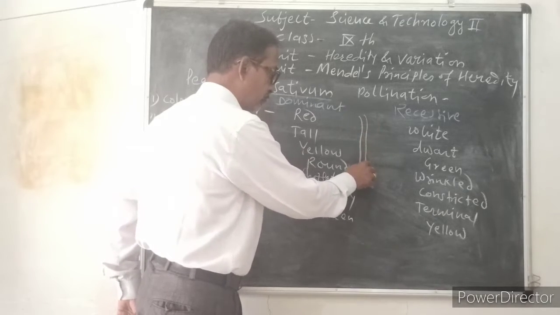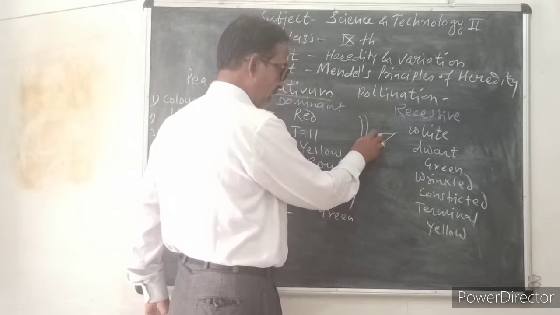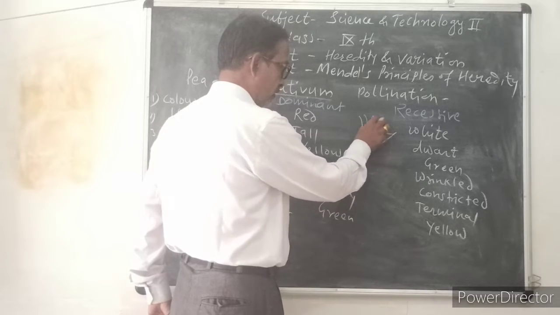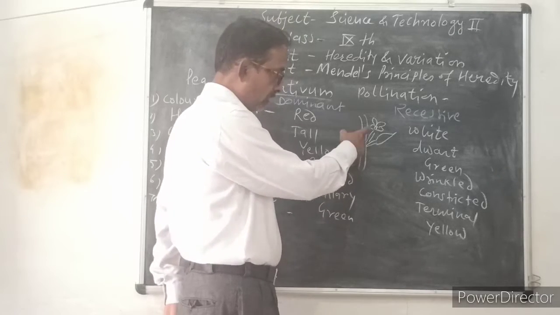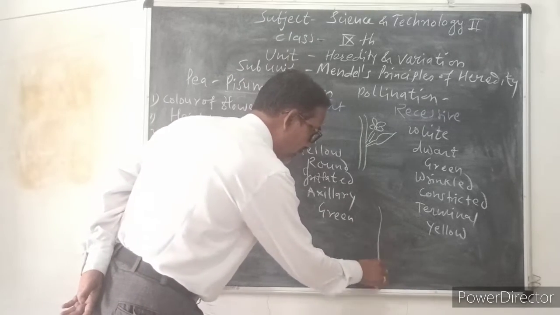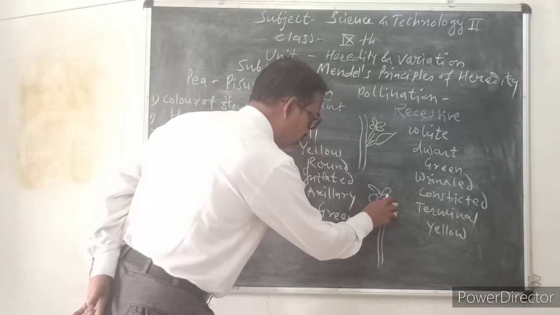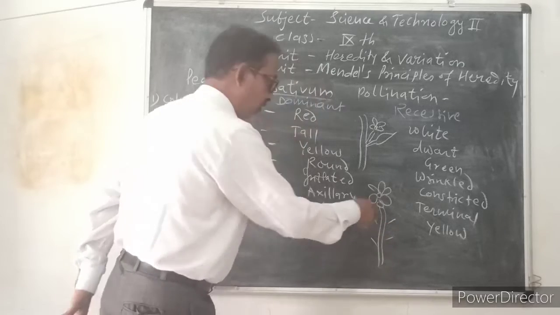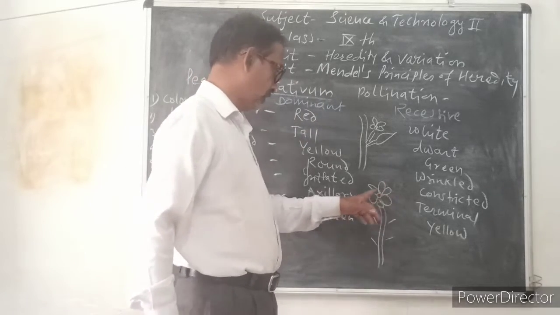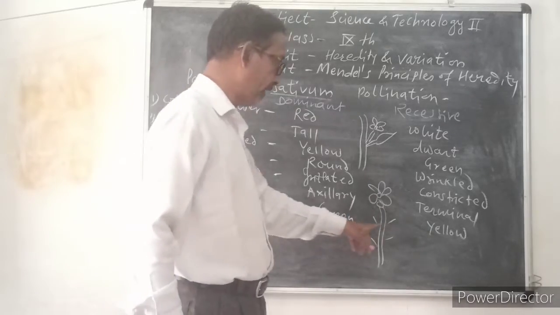Suppose this is the stem, this is the leaf, and the flower is inside the axil. This part is called the axil. Then a terminal flower means at the top. This is the stem. Like this, this is called terminal. So axillary, terminal. And color of pod, green and yellow.